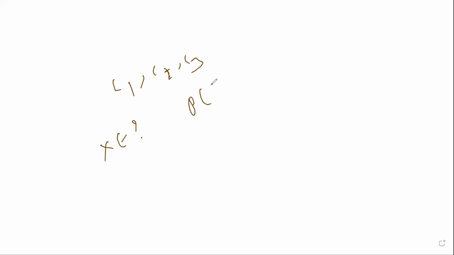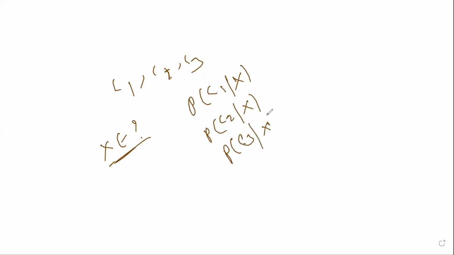Before finalizing the class of X, I need to find out the posterior probability of C1, of C2, and of C3. If the value for C2 is highest among the three, I can say X belongs to C2. If this value is highest, I can say X belongs to C1.